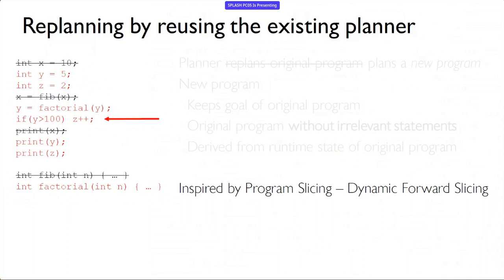Just as a quick reminder, given a statement of interest, program slicing lets us check all the statements that affect it or are going to be affected by it from this point of execution. So basically, we can see the past and the future of this statement. We use forward slicing because we only want the future, and dynamic because we're using the runtime state of the program.